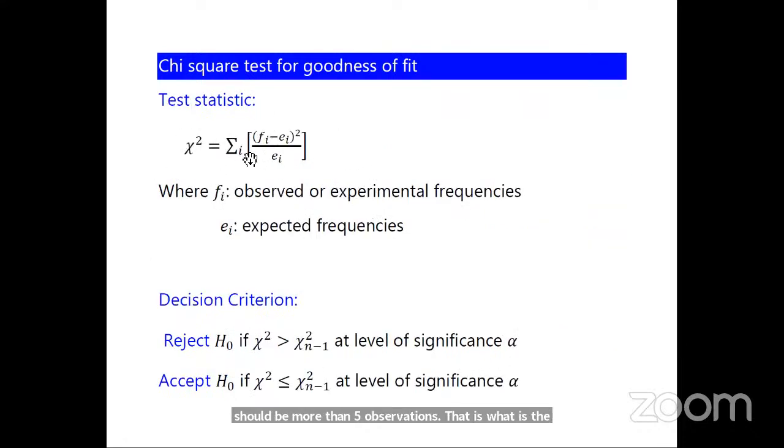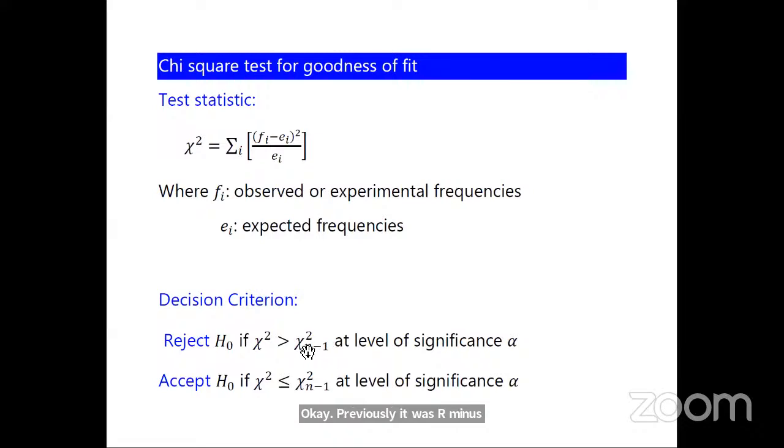If you see the test statistic, it is the same as the previous one, that is summation of (fi minus ei) square upon ei. Then the decision criteria is reject H naught if chi-square is greater than chi-square with n minus 1 degrees of freedom. Previously it was r minus 1, c minus 1.